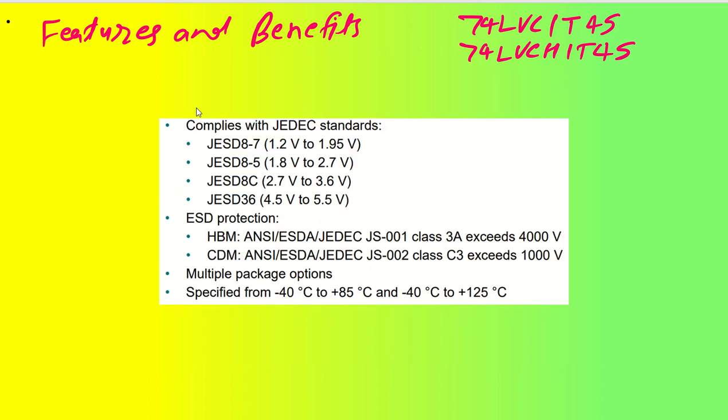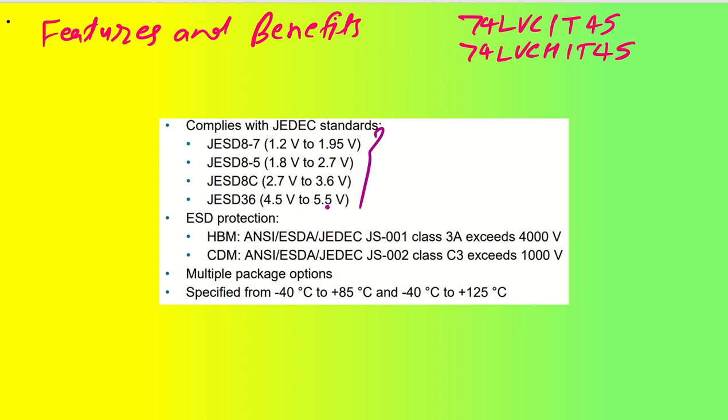Continuing the features, we have JEDEC standards, covering 1.2 volts to 1.95 volts and 1.8 volts to 2.7 volts. Basically, this is going to work with 1.5 volt logic, 1.8 or 2.5 volt logic, 3.3 volt logic, and 5 volt logic.